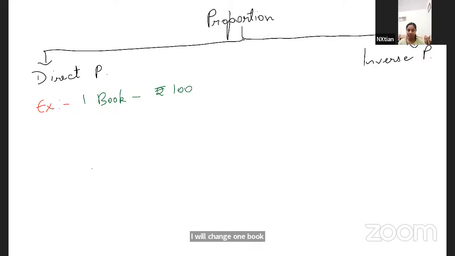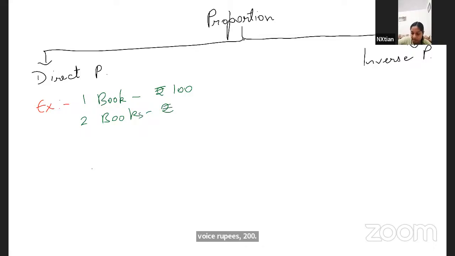Now, I wanted one more book, so I purchased two books, one more book. So it became two books worth rupees 200.